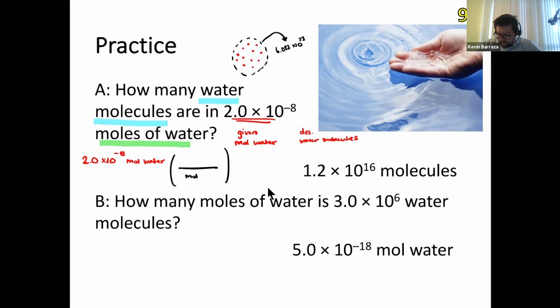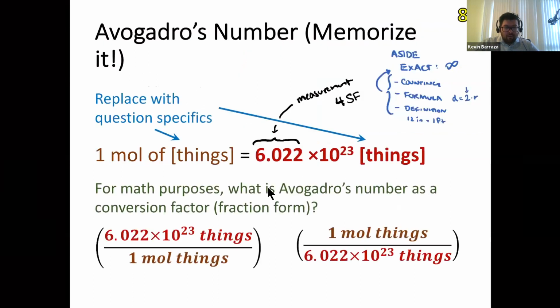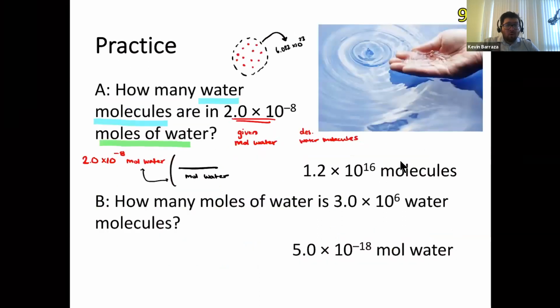I'm already anticipating that I've not given myself enough space, so I'm going to erase this a little bit because I have a feeling I'm going to run out of room. So moles of water, because they need to match for the cancellation. And what does that mean? Well, a mole of things, the other unit is the actual individual things. When I talk about a mole of water, it means I'm counting water molecules.